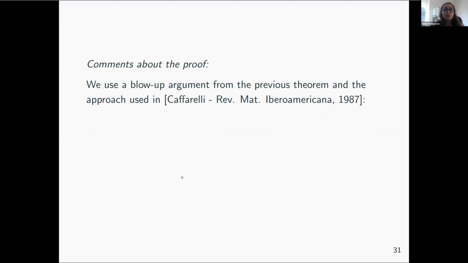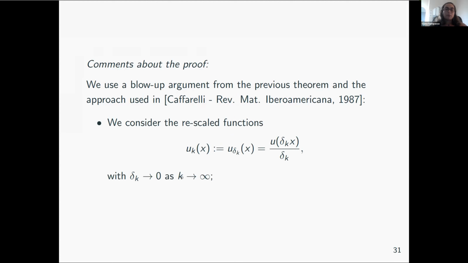And to prove this, we use a blow-up argument from the previous theorem, and we use the approach used in the work of Caffarelli in 1987. The main idea is to rescale the functions like this, where delta_k goes to 0 as k goes to infinity.